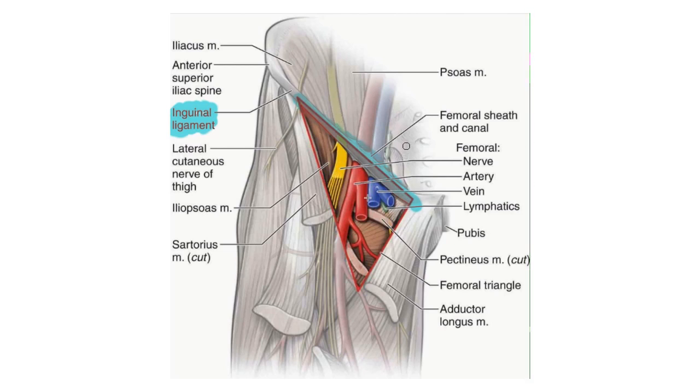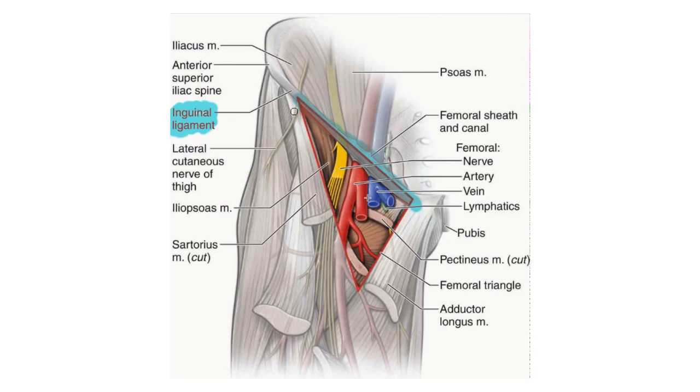It extends downwards as a sheath-like structure, which we call aponeurosis. So the inguinal ligament is actually the thickening of the external oblique aponeurosis. Okay, and this ligament extends from the anterior superior iliac spine to the pubis. This is the inguinal ligament, and it will form the superior boundary of the femoral triangle.